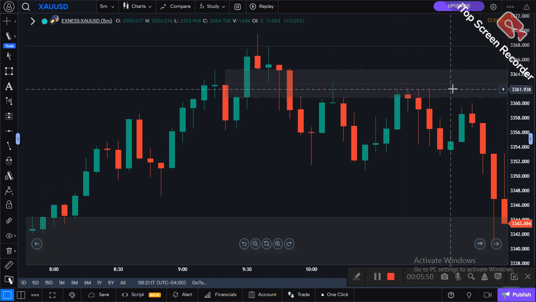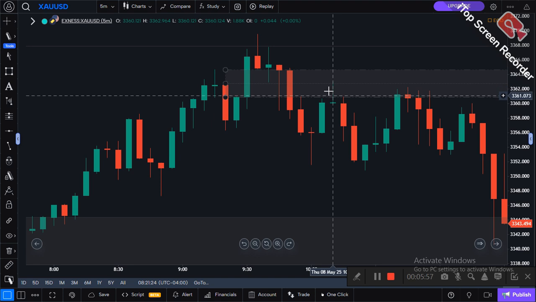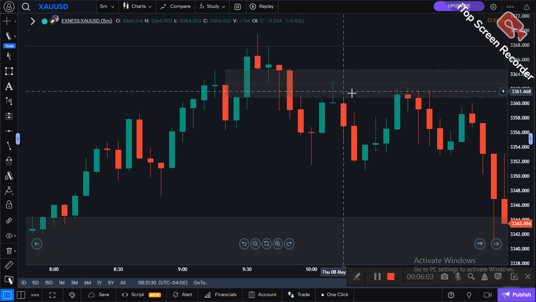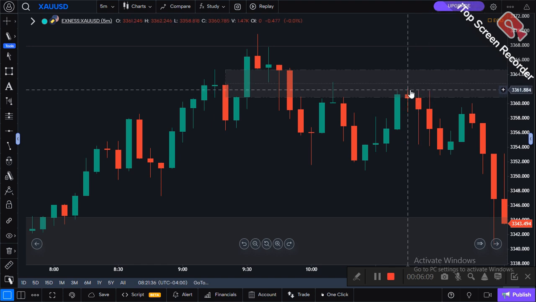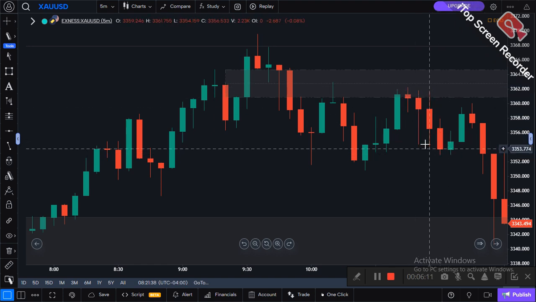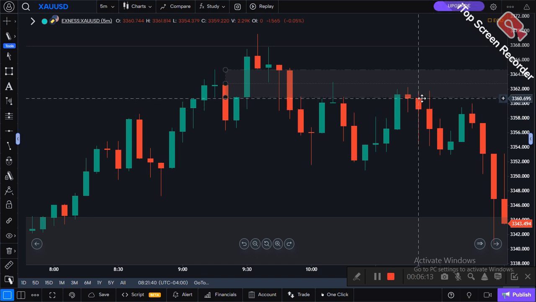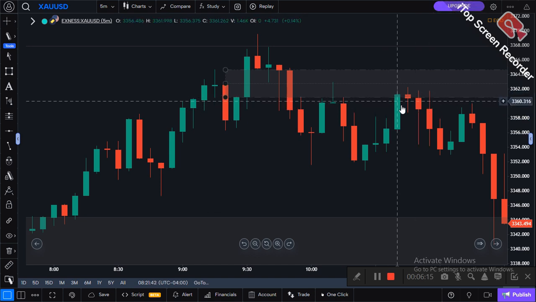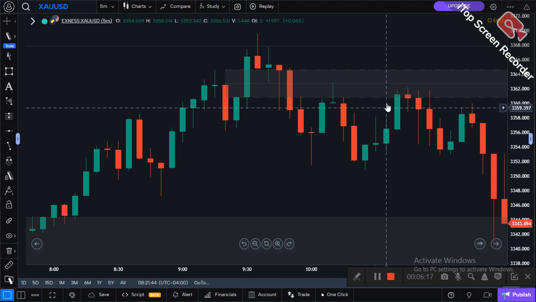So again, we take from that zone, the rejection zone, and also the fair value gap, also the order block, also the valid rejection block, because it rejects from the valid order block and fair value gap. And again, we draw a zone from that rejection point, take entry, go again, miss the entry, there we go, again tap inside of this order block.